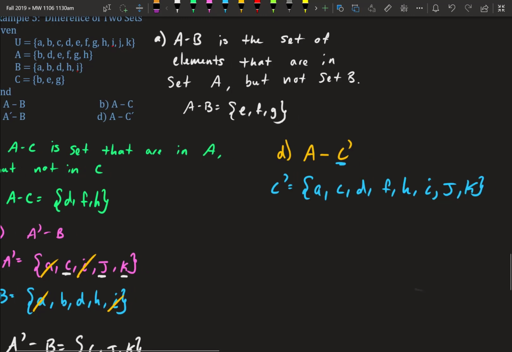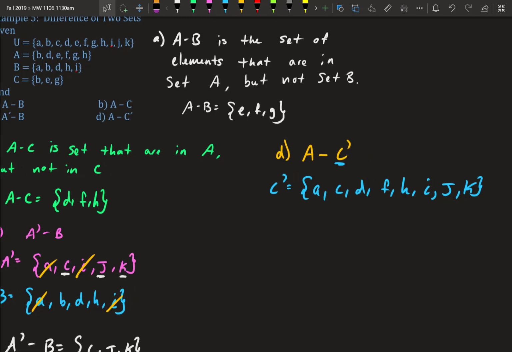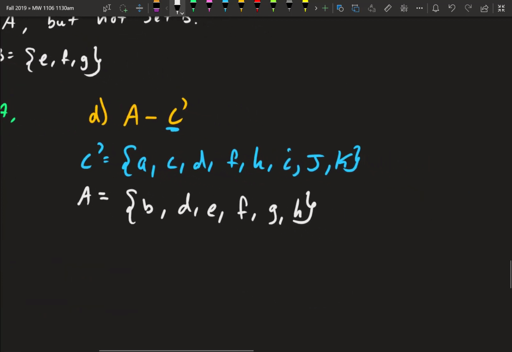All right, so now we need to take A and subtract C. Let me rewrite what A is. All right, so that's A. Now let's cancel some stuff out.